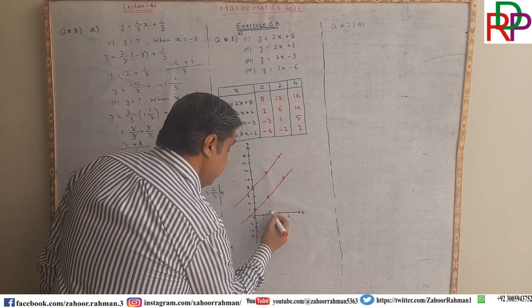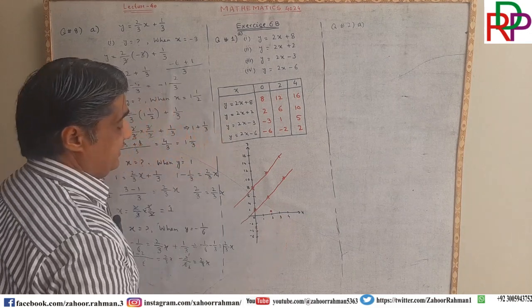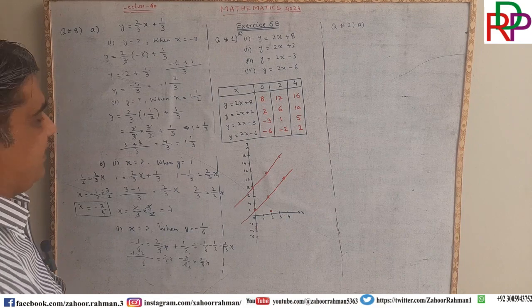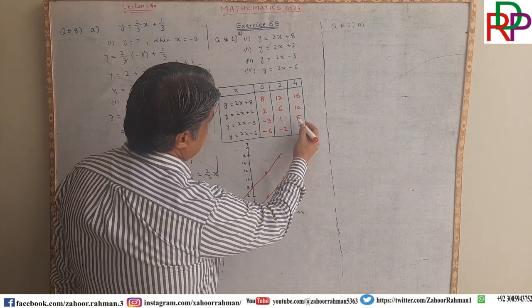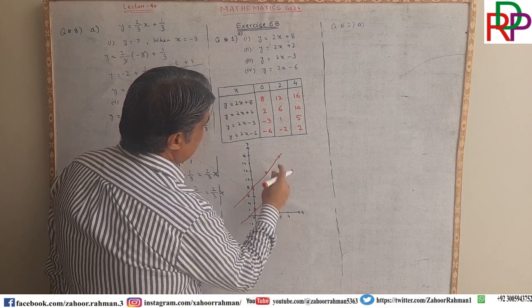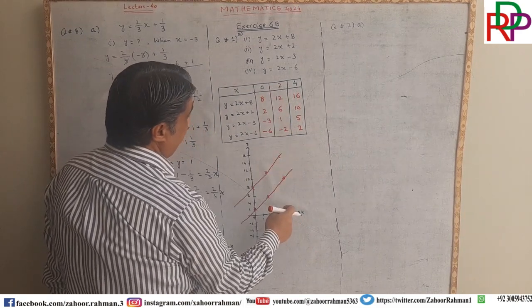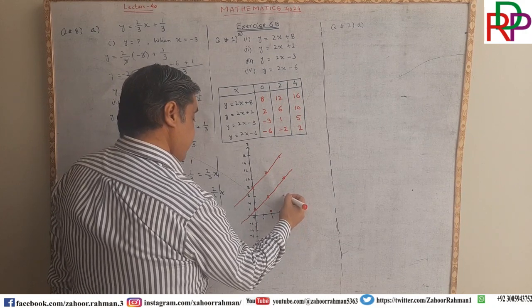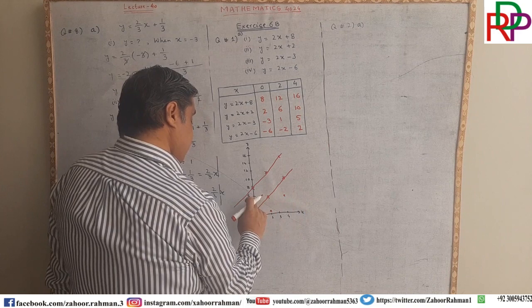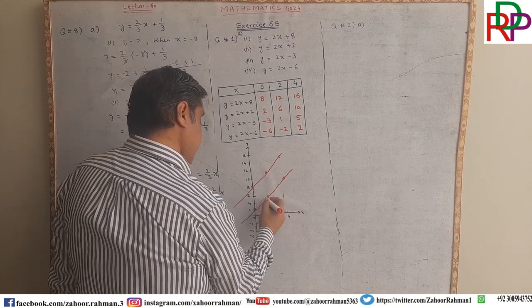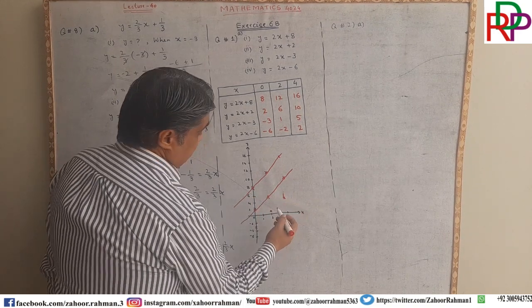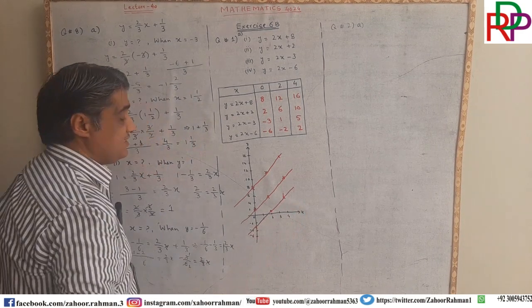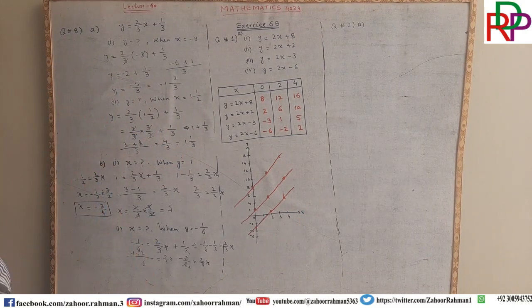This will be in the middle of 0 and 2, and that will be 1. Roughly I am drawing it. You can draw it on the graph paper very precisely. For 4 we have 5, which will be somewhere here in the middle of this. So now we have to connect these 3 points and we will get the line like this.